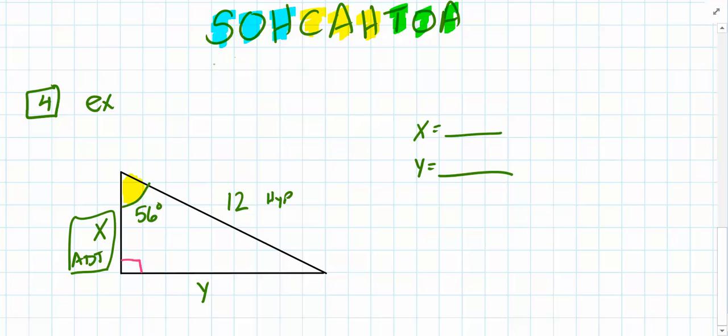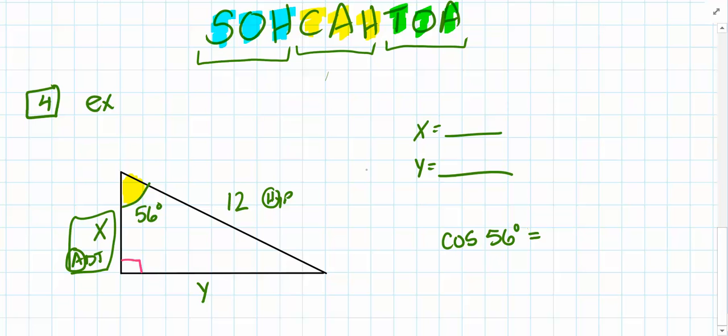Now, which trig function? Is it sine, is it cosine, or is it tangent? Which one deals with adjacent over hypotenuse? Adjacent over hypotenuse. Must be cosine. So therefore, the cosine of 56 degrees must be the adjacent to the hypotenuse, x divided by 12. To solve for x, we're going to multiply both sides by 12.